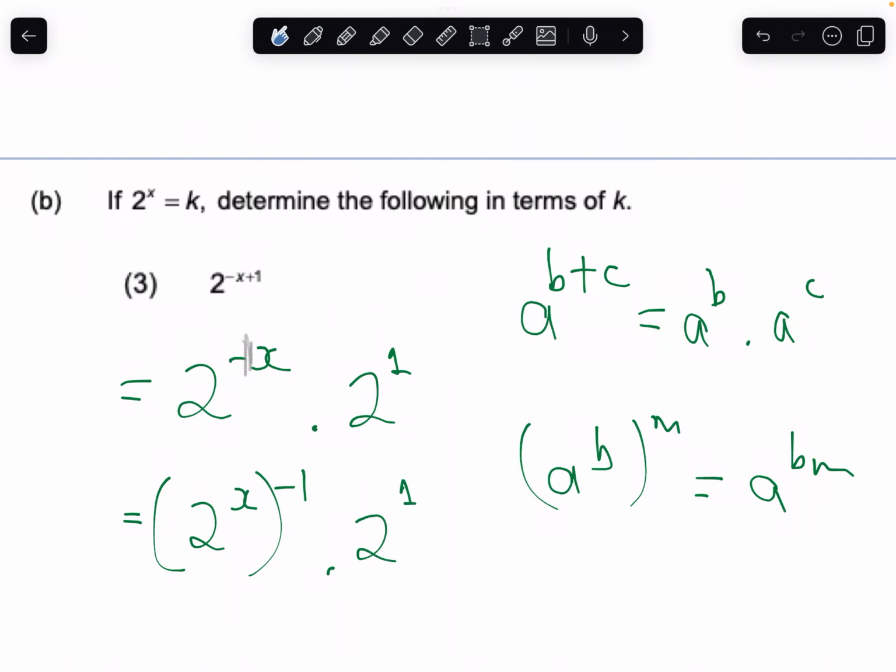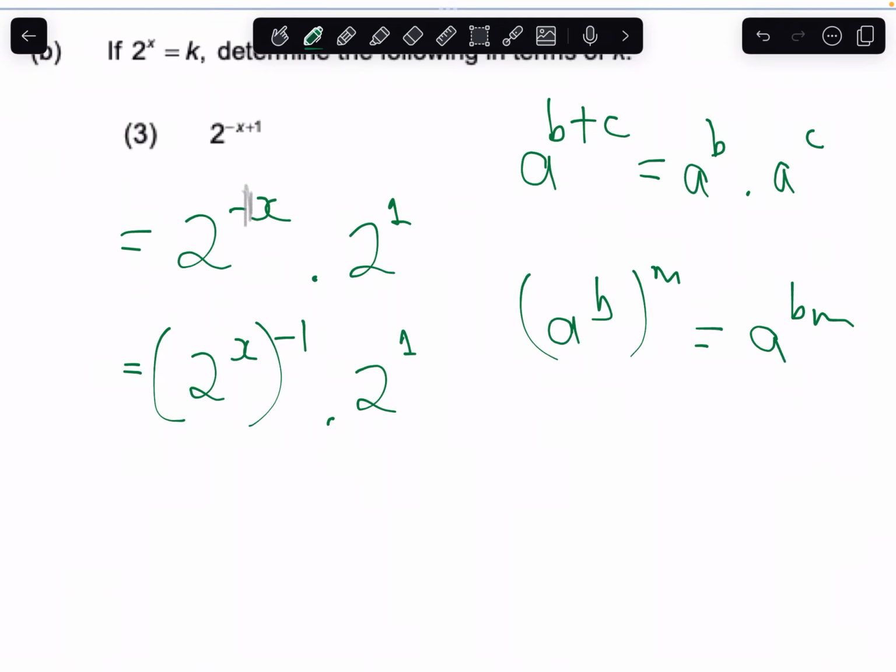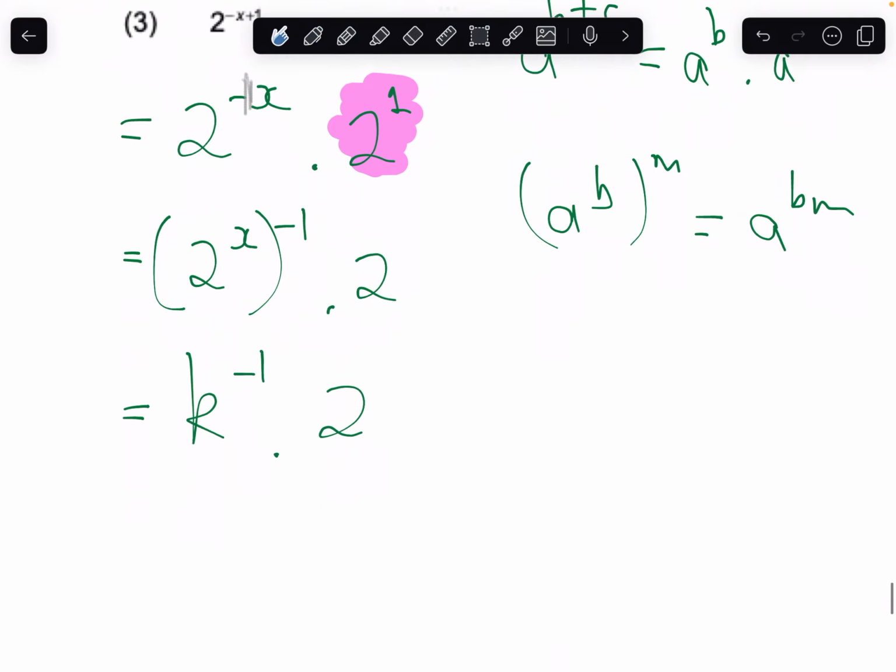Of course, 2 to the 1 is just 2, so we don't have to keep putting that little 1 there. So this is k to the minus 1 times 2. We can write it even more nicely as 2 over k to the 1, and k to the 1 is just k. And voila.